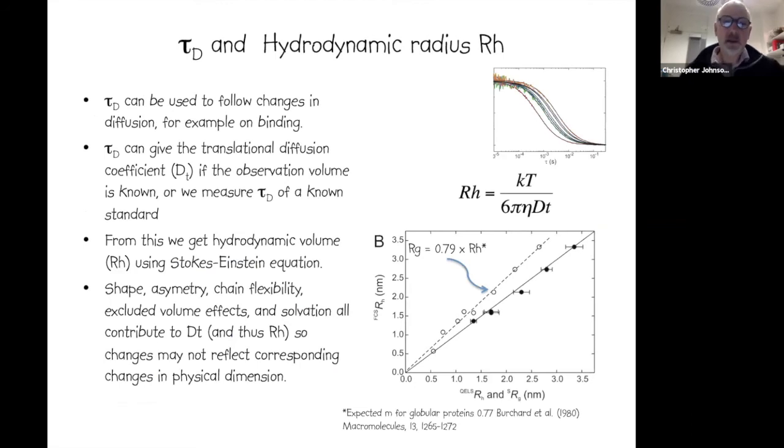What we can do with the translational diffusion time is to calculate the hydrodynamic radius. And you can do that if you can calibrate the instrument to measure the observation volume, or more simply, if you measure the translational diffusion time of a known standard. And here you can see where we've measured on our system some hydrodynamic radii, which is derived from the translational diffusion coefficient using the Stokes-Einstein equation.